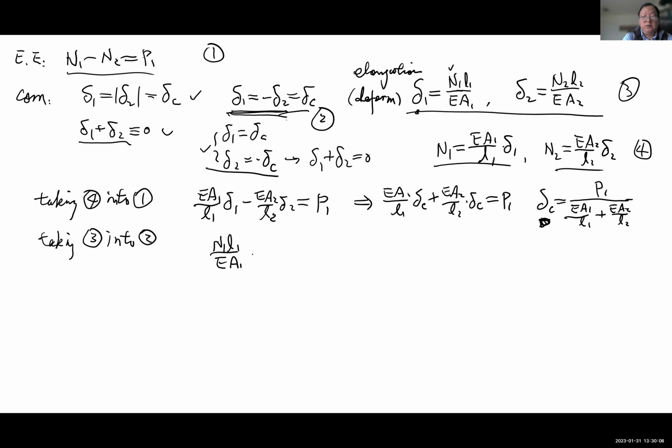Delta 1 equals negative delta 2, and delta 2 is negative N2, L2, EA2. Or I can take it into this equation of number 2. So basically I have N1, L1, EA1 plus N2, L2, EA2, added together must be 0.